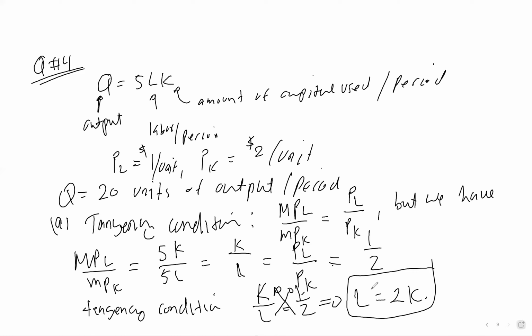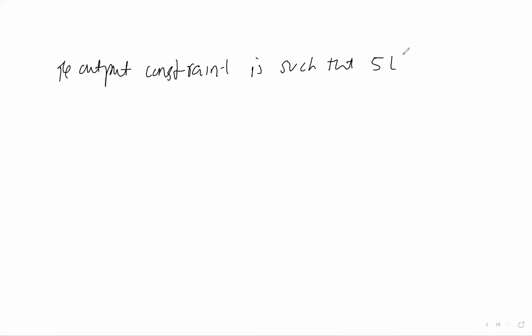Let me move to the next page so I can have more room and then you can see it clearly. So now the output constraint is such that 5LK is equal to 20.